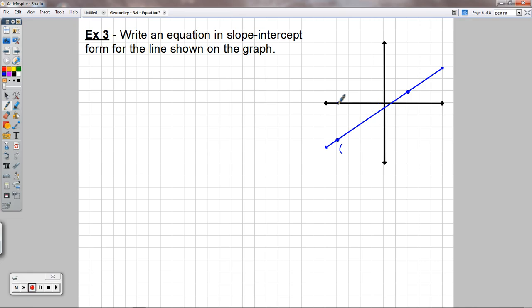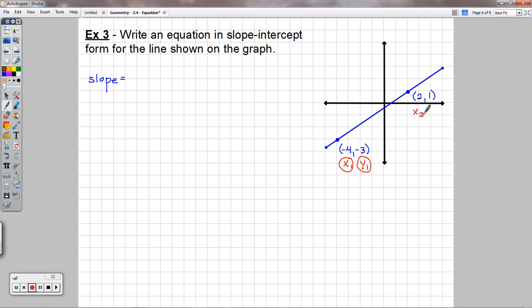So this is negative 4, negative 3. And this point right here is 2, 1. So algebraically, we could calculate the slope of this line using y2 minus y1 over x2 minus x1. I'm going to call the leftmost point my first x and y coordinate.